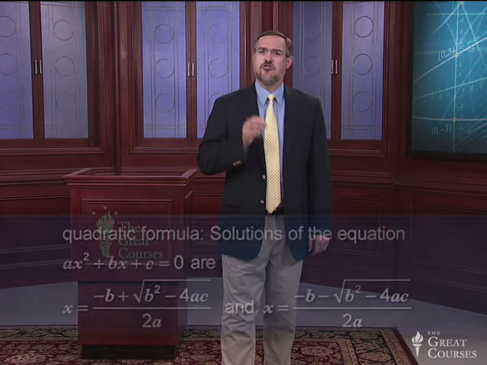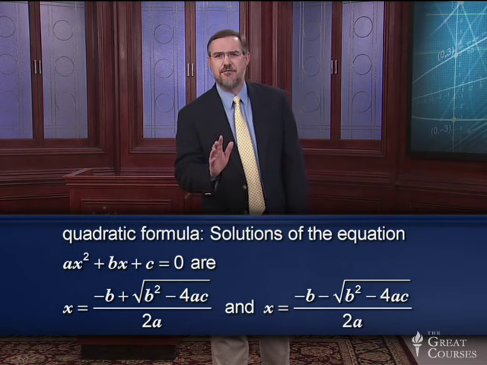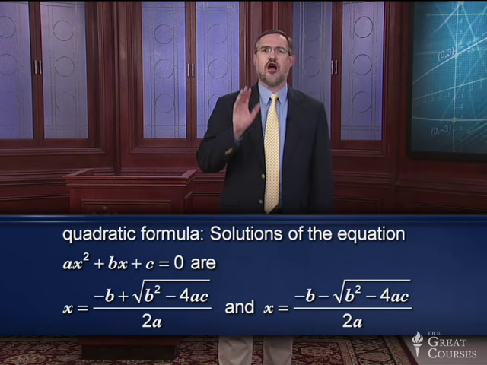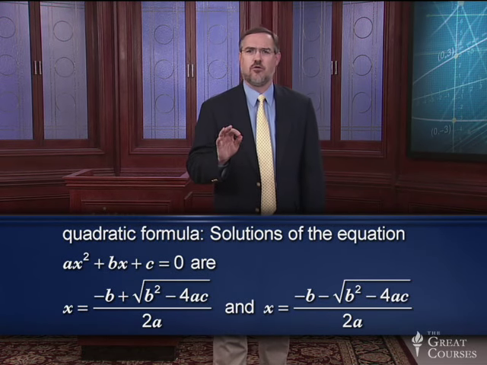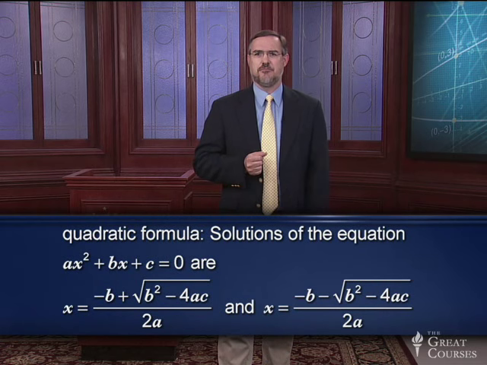Now, at this point, I'd like to look a bit at the algebra itself and define one of the most important vocabulary terms related to quadratic equations. You may have noticed that a bunch of the simplifying we had to do occurred under that square root symbol, or under the radical symbol, as some people call it.